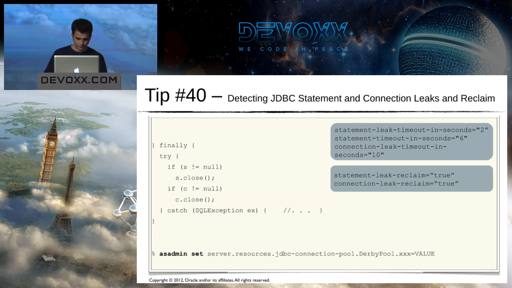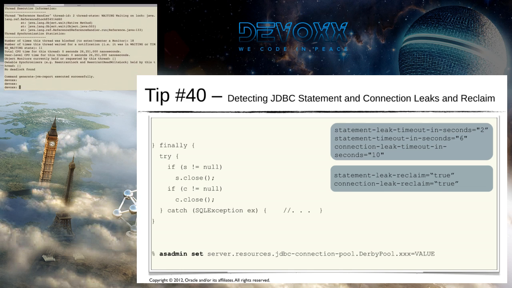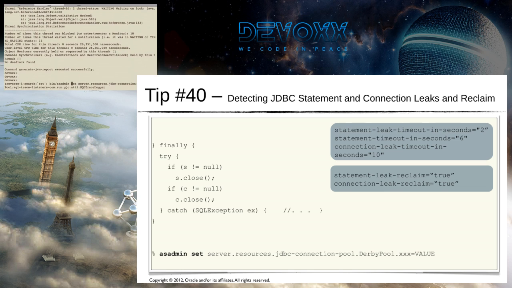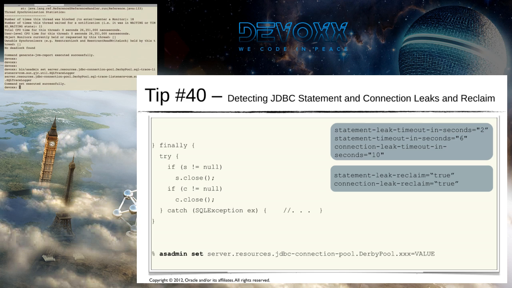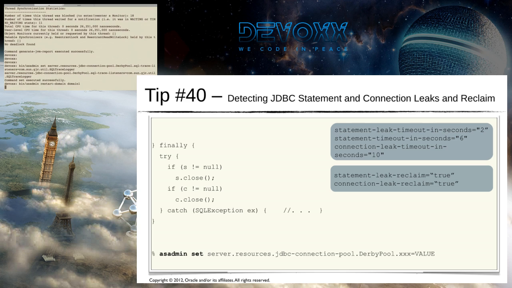There is a built-in implementation for this. So you just need to do this: set server JDBC connection pool, the name of your pool here, in my case, Derby pool. Okay, you will need to restart the server.